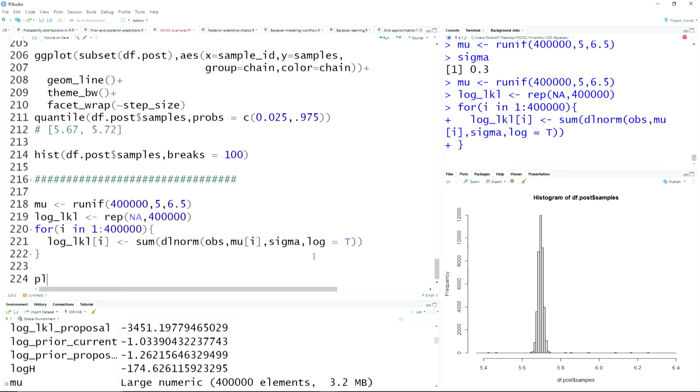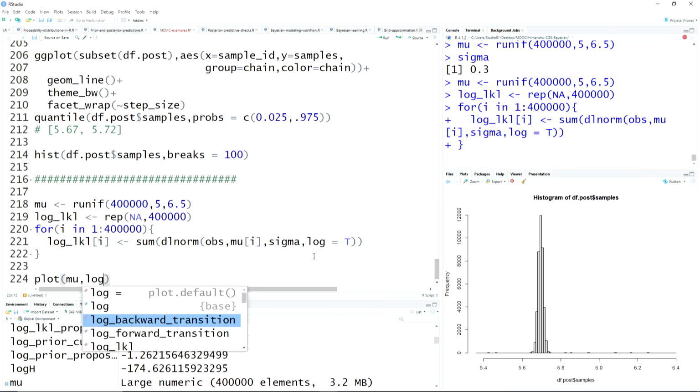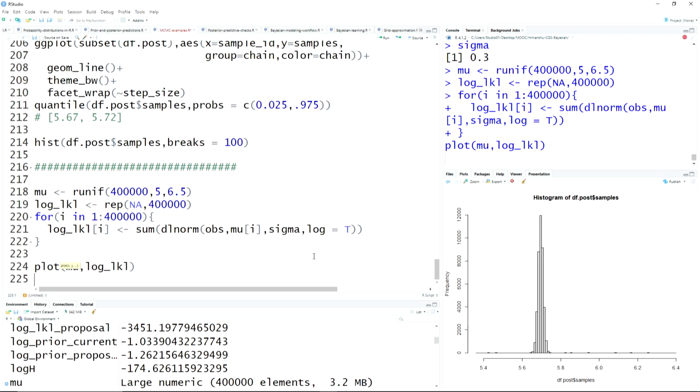If you want to visualize how it looks like, you can plot mu versus log likelihood. Okay, it is taking some time.